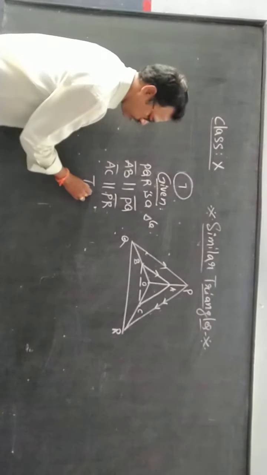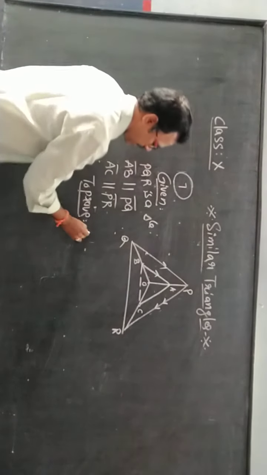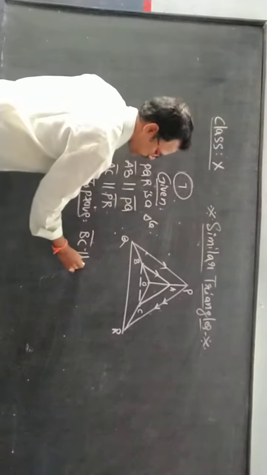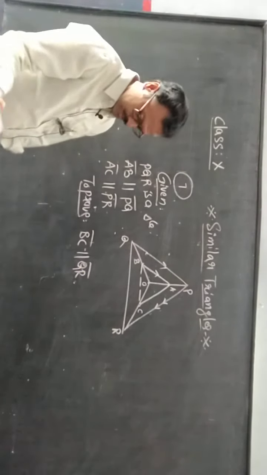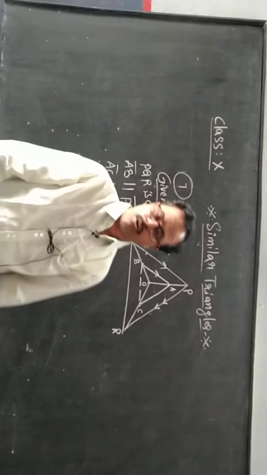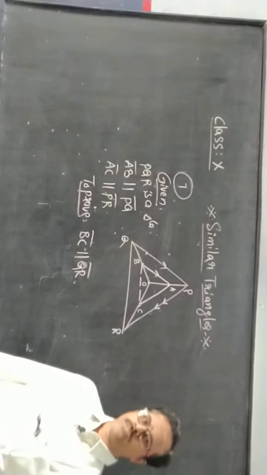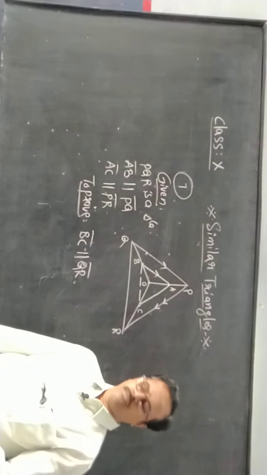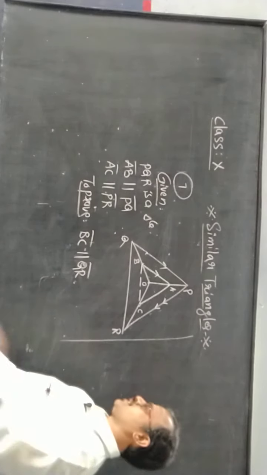To prove BC is parallel to QR line segment. Now right, I wish you to understand what type of theorem you are going to use here. You are using basic proportionality theorem.